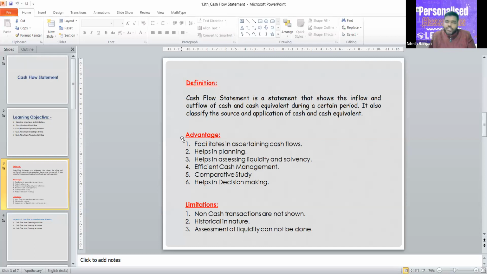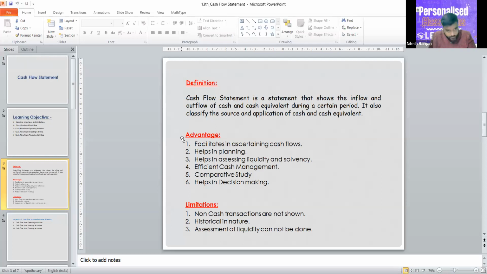Actually, it will help only with the comparison of cash items. In general terms, comparing the statement of profit and loss and the balance sheet is better, but we can compare the cash flow statement for cash-related items. So it also helps in comparative statements.